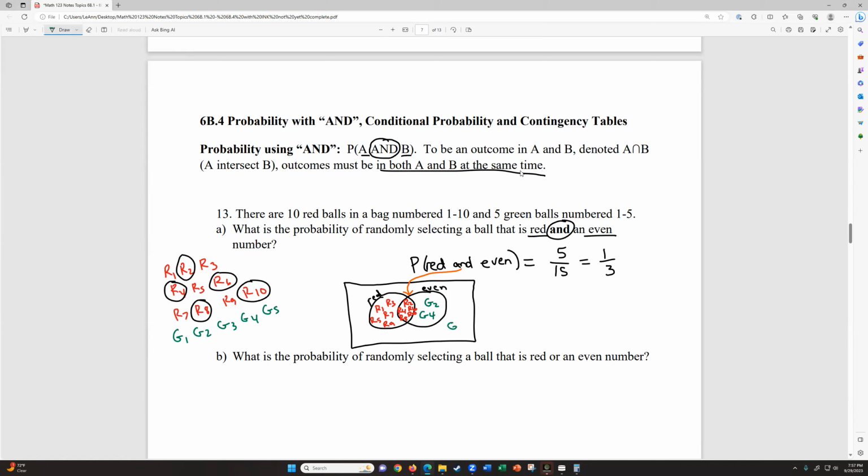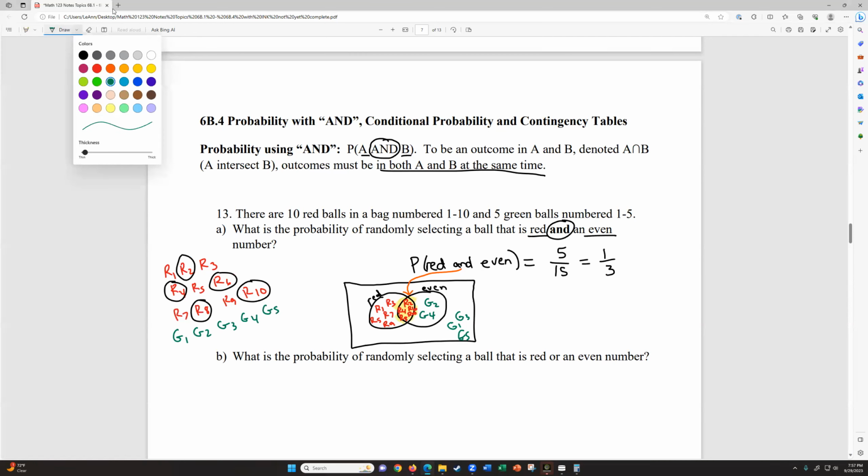Well, they are neither red nor even, so they go out in our little universal space, which is not in our sets of interest but is still part of the whole universe. So green 1, green 3, and green 5 would just be floating out here outside of those circles. If you ever wanted to draw your own Venn diagram, that's how we do it. And this is the answer: remember, it was that overlapping part. That's just a visual to go along with what we counted.